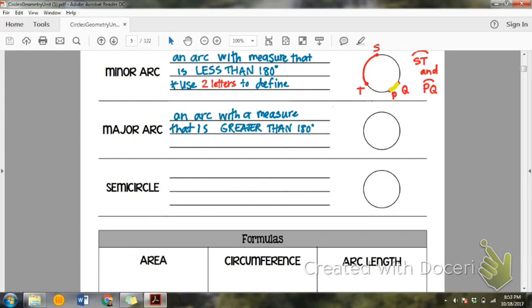Okay, and then to label a major arc, instead of using two letters, we're going to use three letters to define.